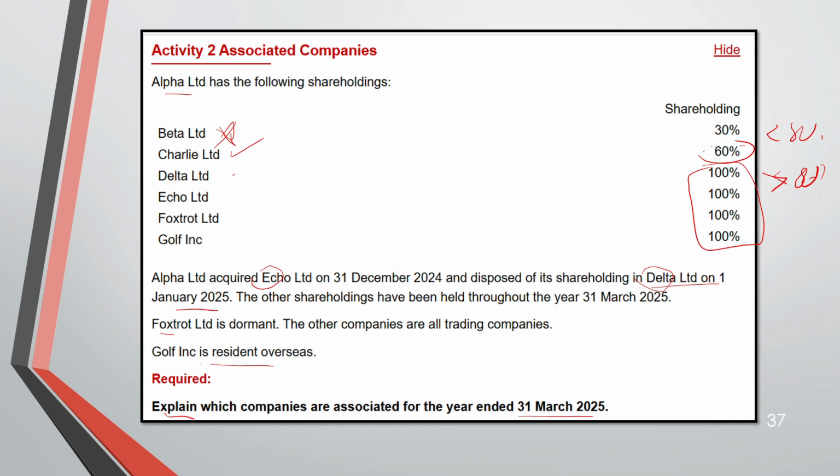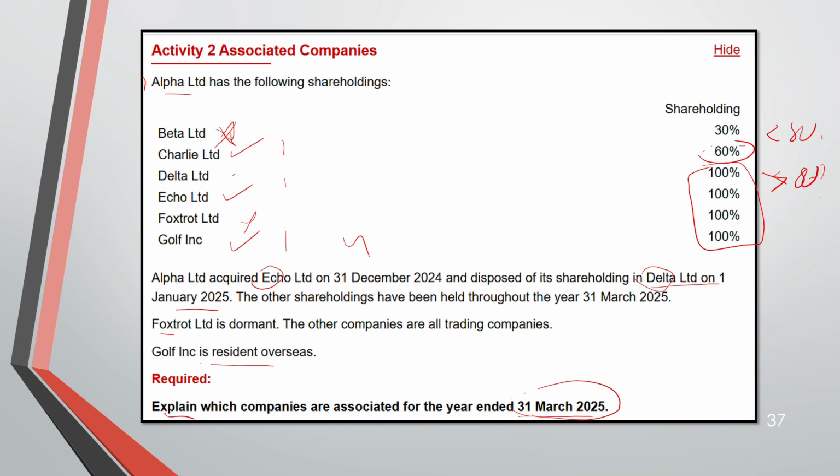Even if it's acquired just 3 months before year end at 31st March 2025, it is taken as a whole year. So E yes. F no. G yes. For now you know with Alpha 1, Charlie 1, E, G, there are 4 companies which are associated. You only have to see now which one.